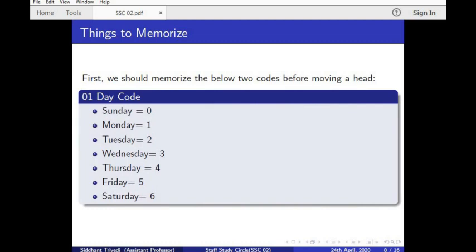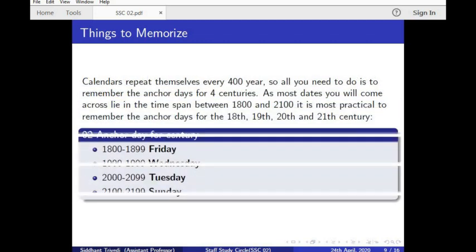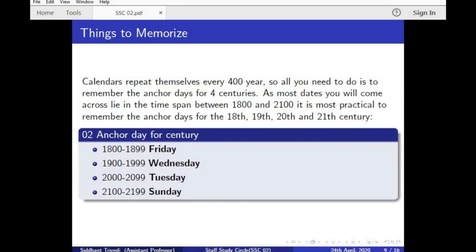For example, 0 represents Sunday, 1 represents Monday, and so on, 6 represents Saturday. 02, which represents the day code of the Anchor Day for a particular century. The Anchor Day for 4 centuries is shown here. After that, it will repeat in the interval of 400 years.